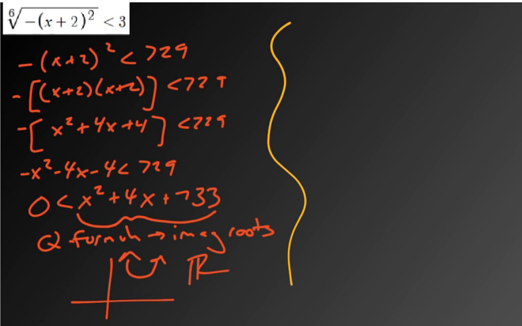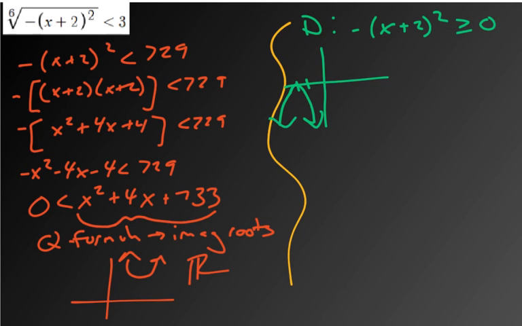And then for the other part, we need to do the domain, right? So we need negative quantity (x + 2) squared to be greater than or equal to 0. And this is actually really nice because it's already factored for us, right? We have just a quadratic that's got a double root at negative 2. And it's negative, so it looks something like this right now, right?